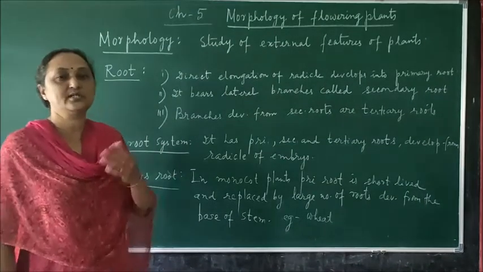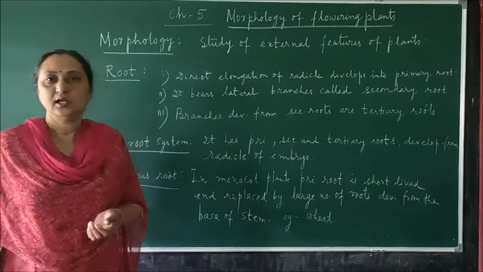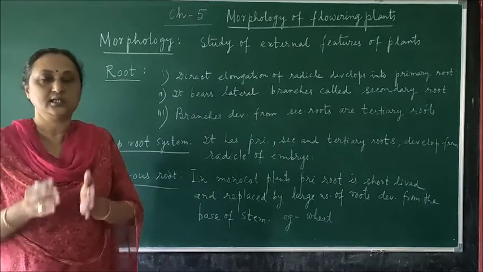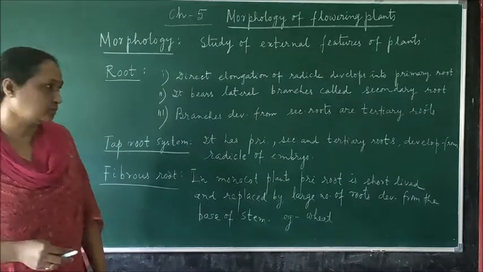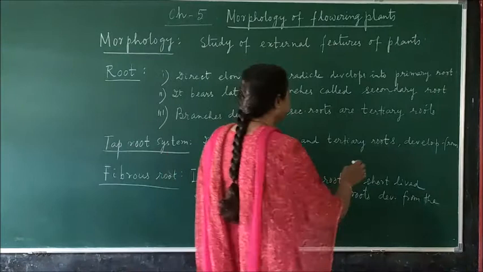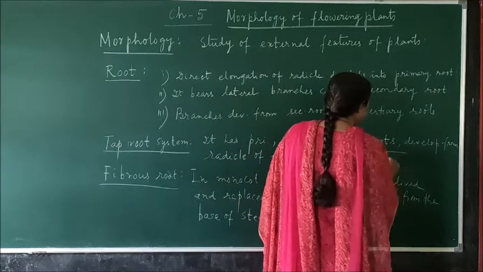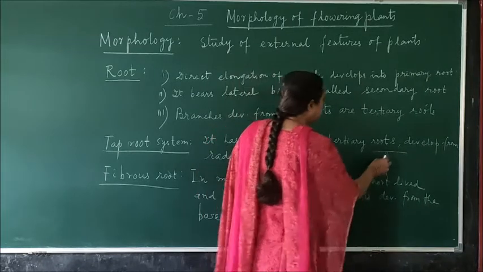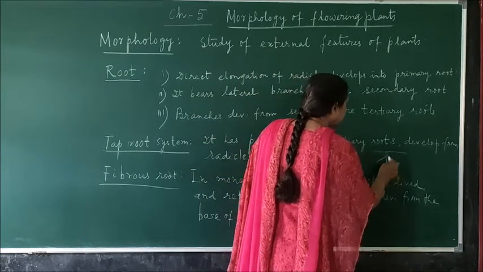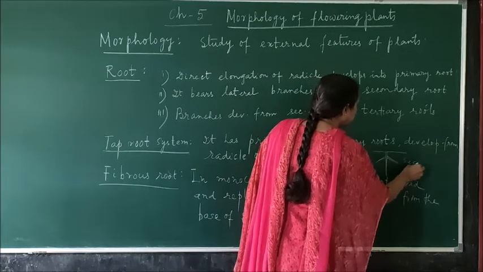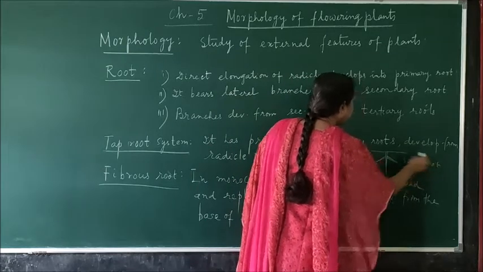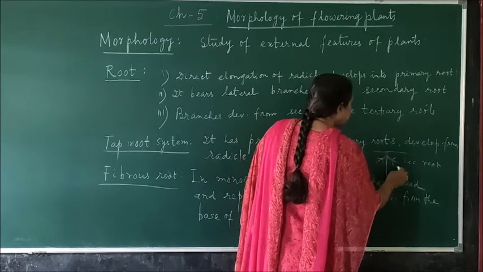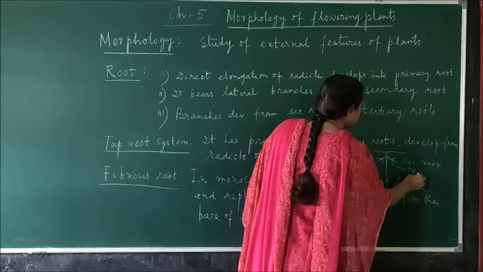Tap root means the root which develops directly from the radicle; you can see its diameter is thicker, and that is called the primary root. Then the branches developing from the primary root are called secondary roots. Again, the branches developing from the secondary roots are called tertiary roots.